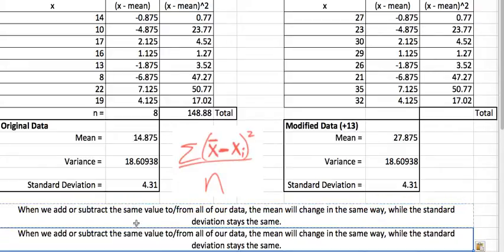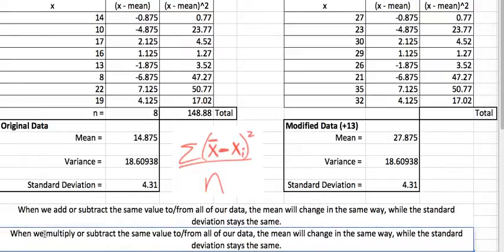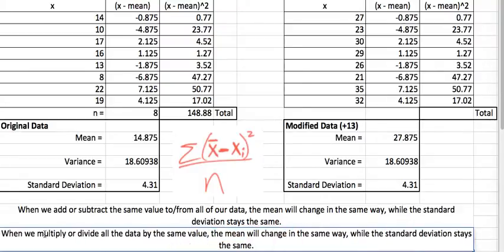I want to consider another idea here. What happens if we multiply or divide all the data by the same value? What's going to happen to the mean?